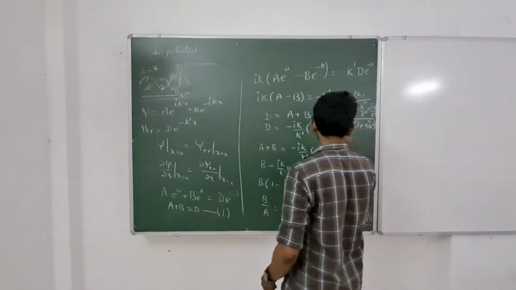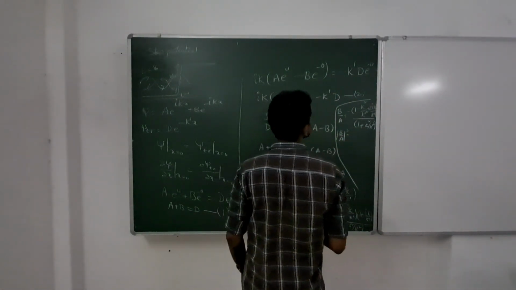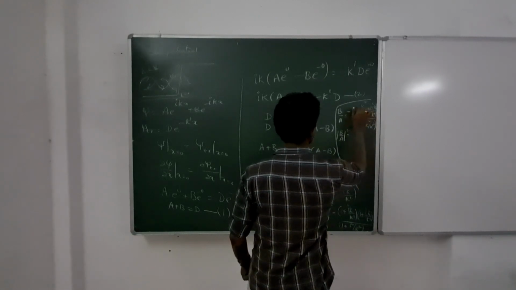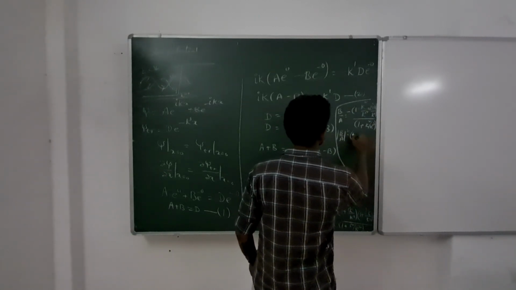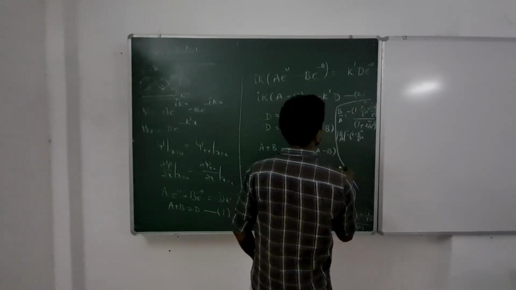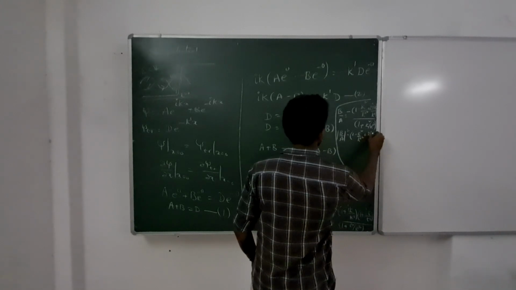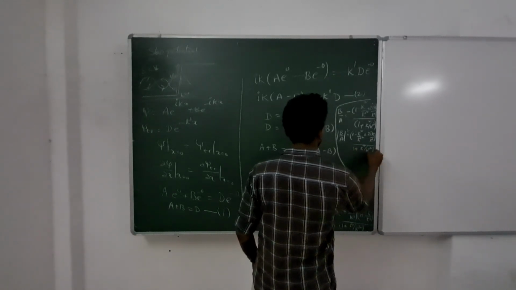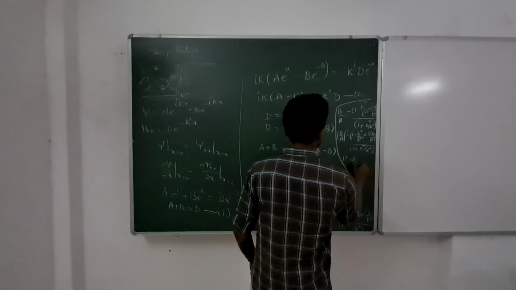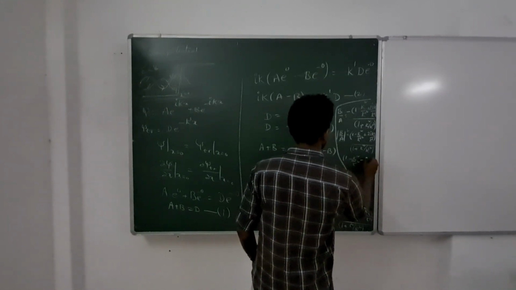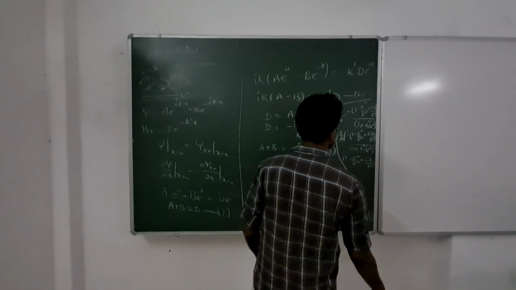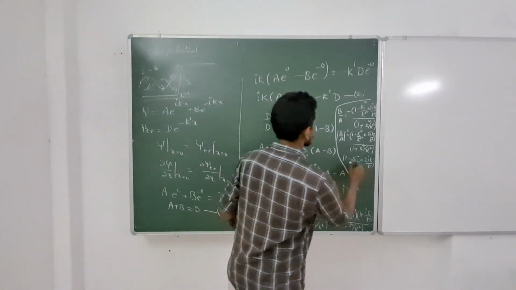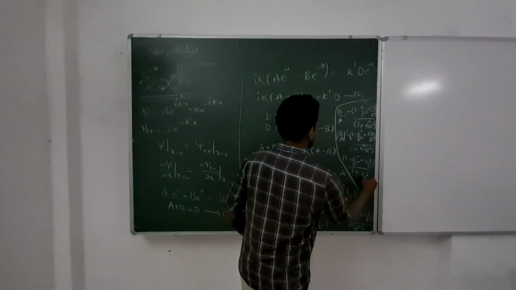So modulus B by A square is, the minus will become plus, otherwise keep that, (1 minus k square by k' square plus 2i k by k') and (1 minus k square by k' square minus 2i k by k'), by (1 plus k square by k' square) whole square.